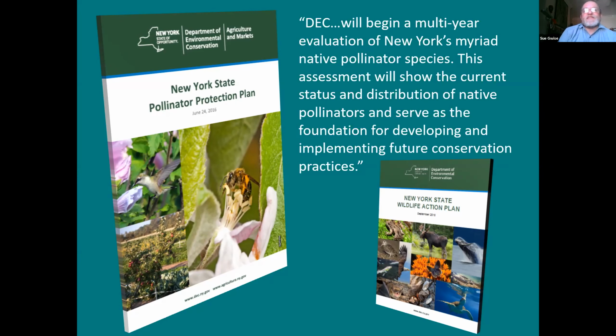And there was a ranking system, and bumblebees rose right to the top, several of our native imperiled species of bumblebees. So those are 2 examples of those getting into the state's consciousness and the public consciousness. And the DEC chose to fund us to develop and implement this native pollinator survey. So we started doing that in 2017.